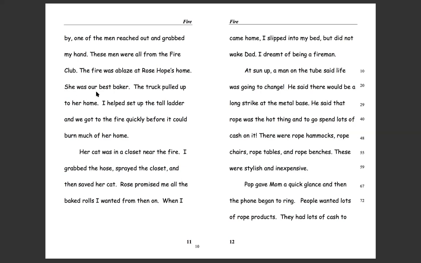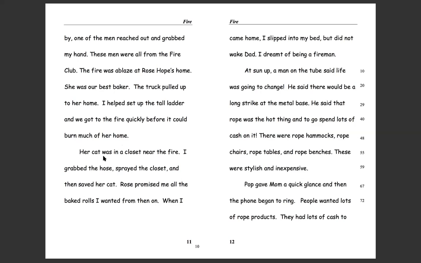She was our best baker. The truck pulled up to her home. I helped set up the tall ladder, and we got to the fire quickly before it could burn much of her home.